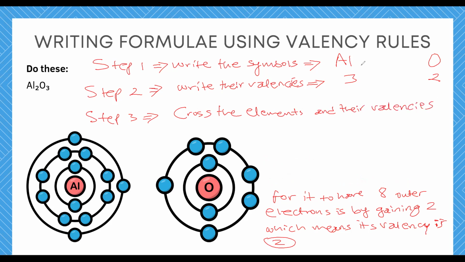So how do we do that? We just simply draw a cross like this. Aluminium goes with 2 and oxygen goes with 3. So we finally have Al2O3. Have you seen that?